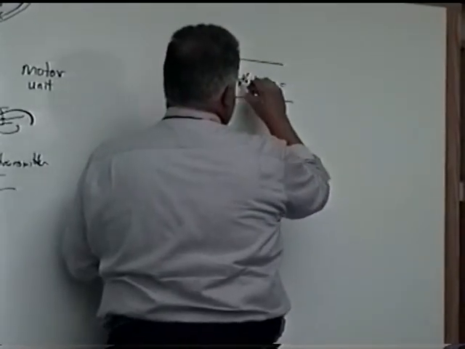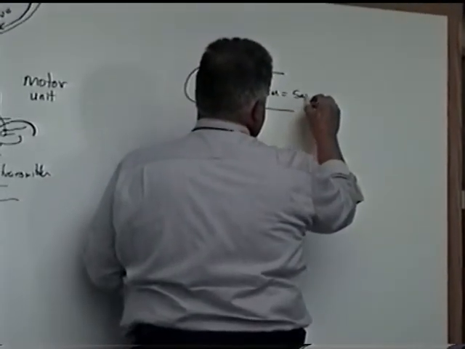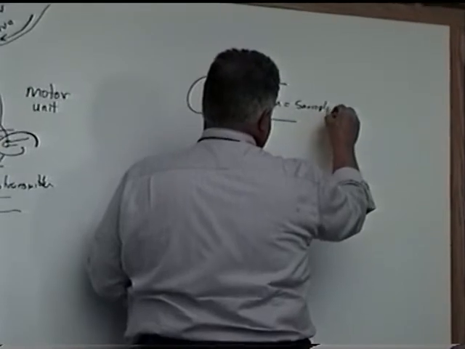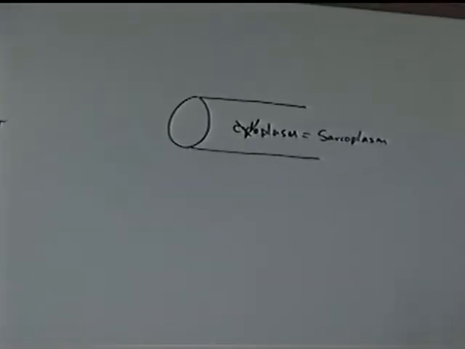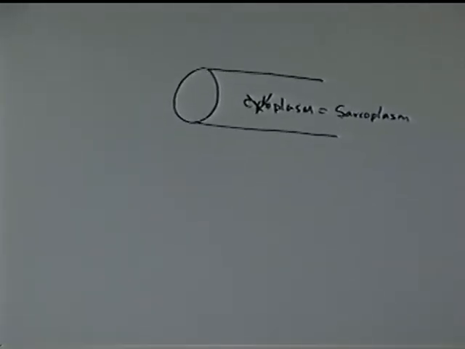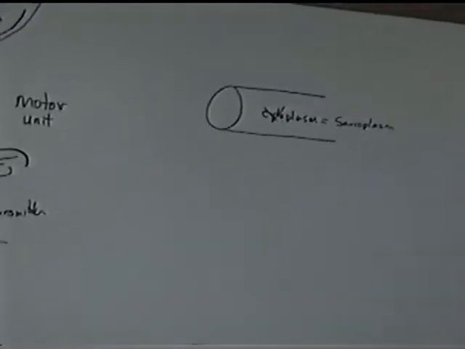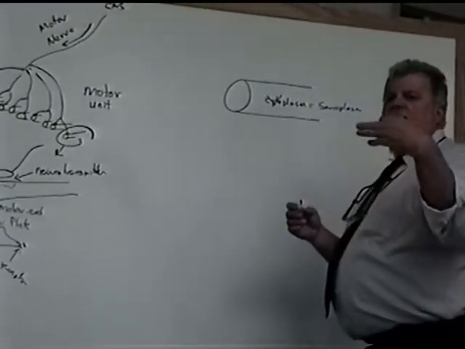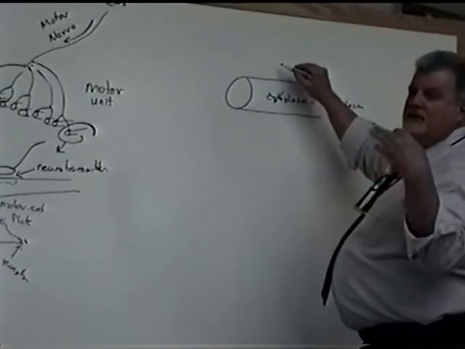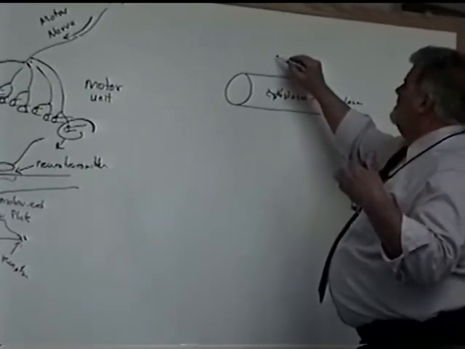Then we could get rid of cyto and use sarcoplasm. Then we know that we're talking about the cytoplasm within a muscle cell, right? Now, what do we call the fluid around cells?